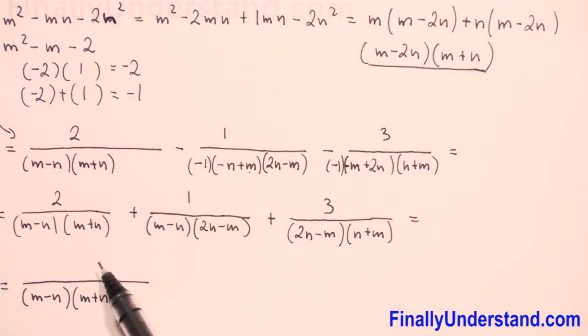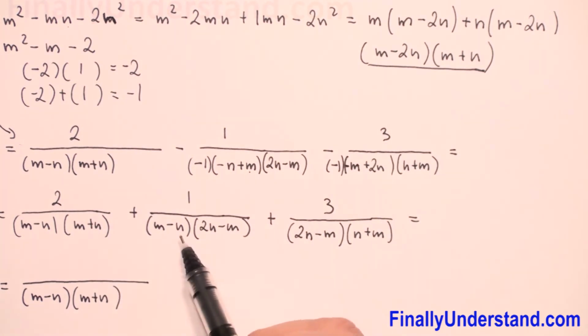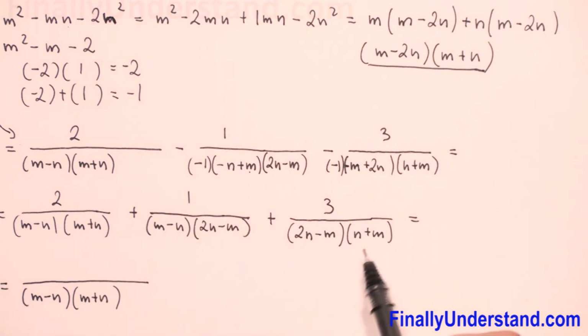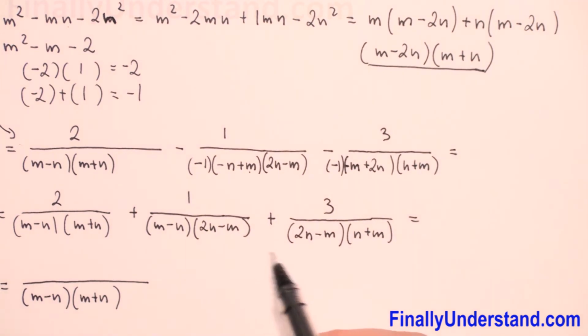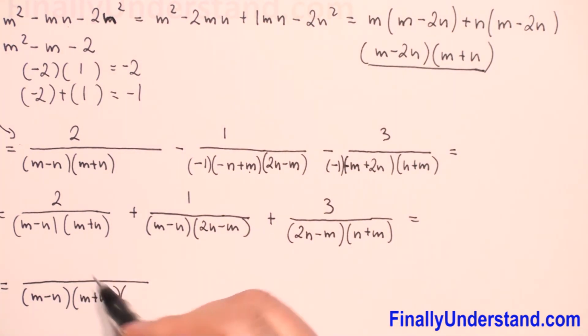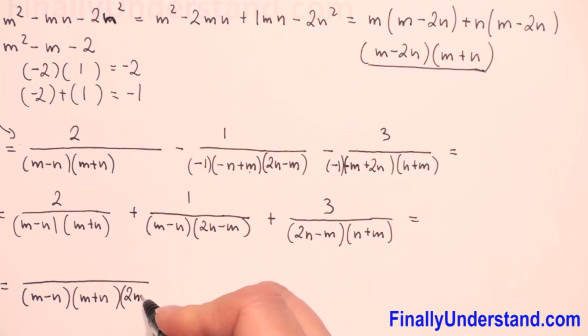And now we check what else we have in the last two denominators. We have m minus n, yes. We have m plus n, yes. And what else do we have? 2n minus m and 2n minus m. So we have to multiply the first denominator by 2n minus m to have the same denominator.